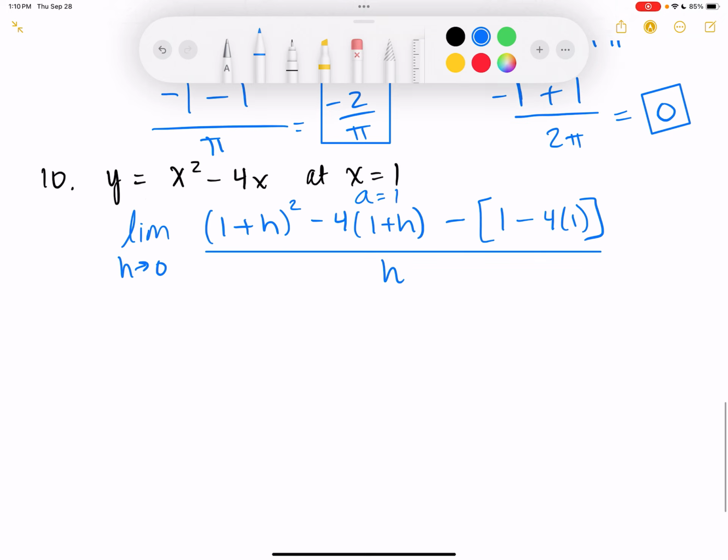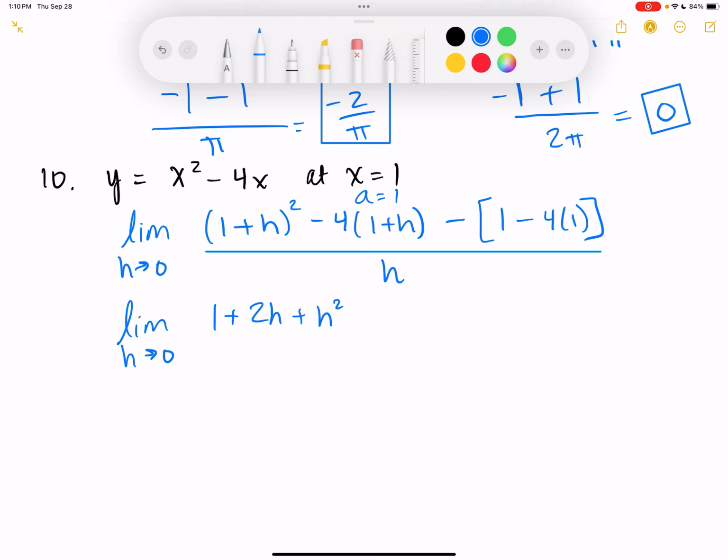So now we have to keep the limit all the way down, so it gets really annoying, but we do have to write it all the way down. So 1 plus h squared is what? 1 plus 2h plus h squared. Yep. And that's what kind of special type? Perfect square trinomial.